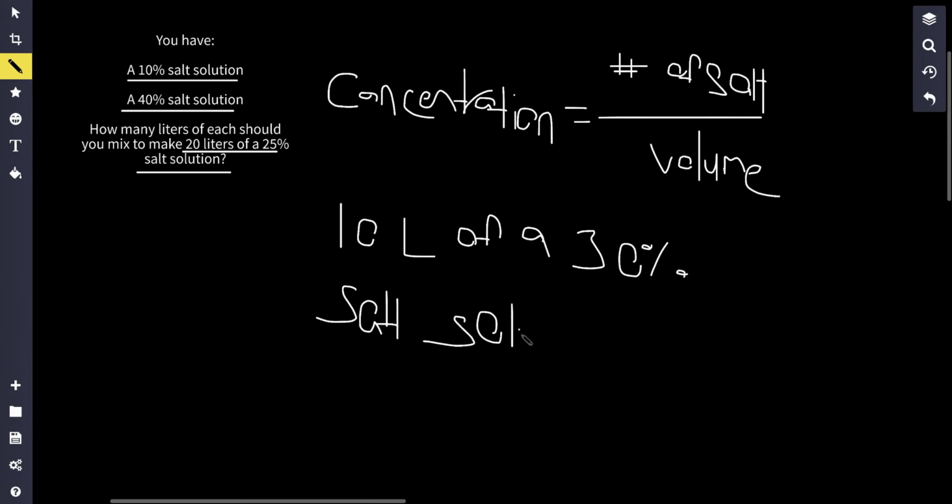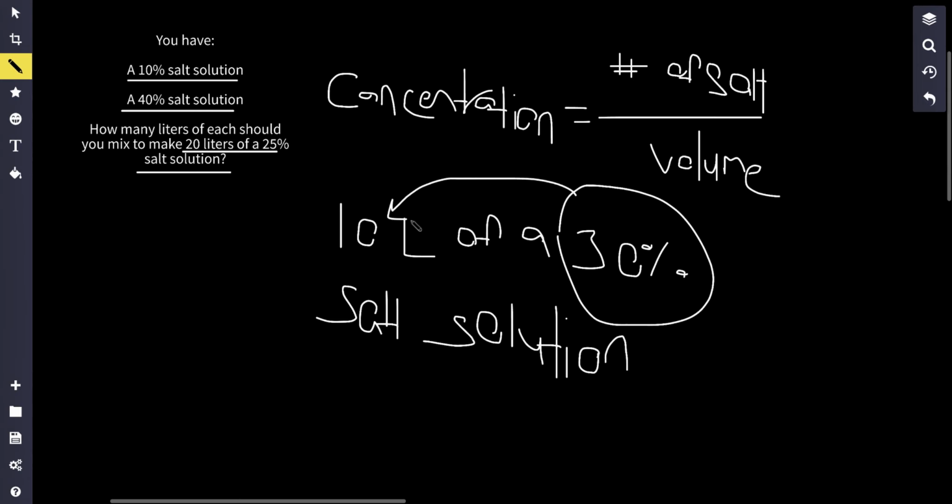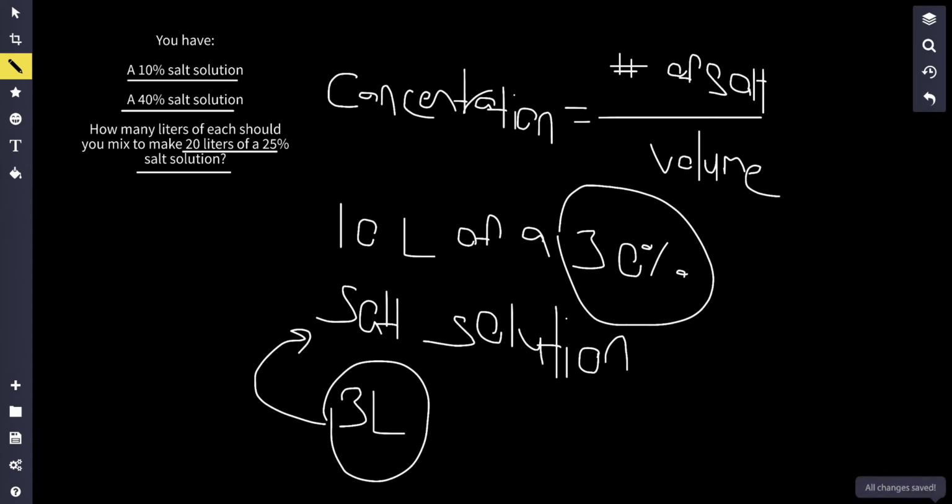What does this mean? All this means is that 30% of my volume is going to be salt. So essentially, 3 liters of my solution is going to be salt. That's all it means.